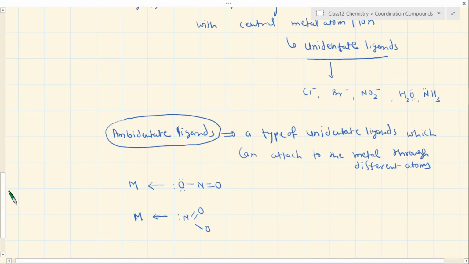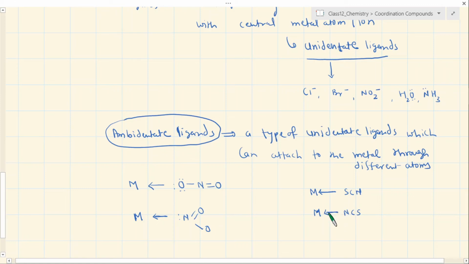In a similar manner, you have thiocyanate, which can attach to the metal through sulfur, SCN, or it can also attach to the metal through nitrogen, NCS. So these two are different types of bonding, with different properties.